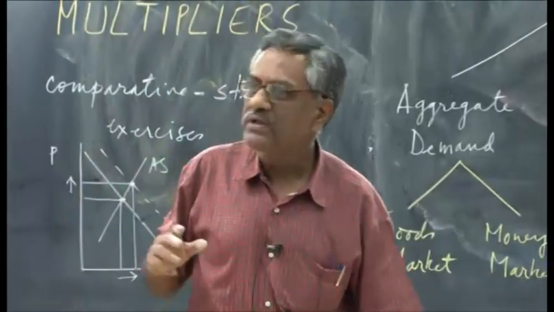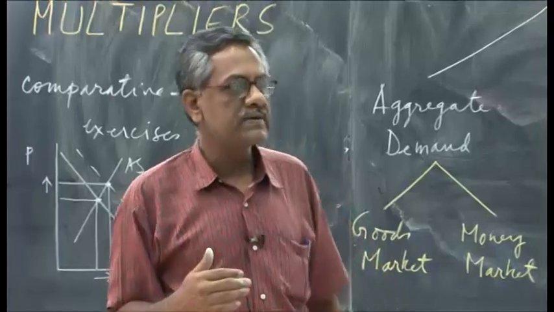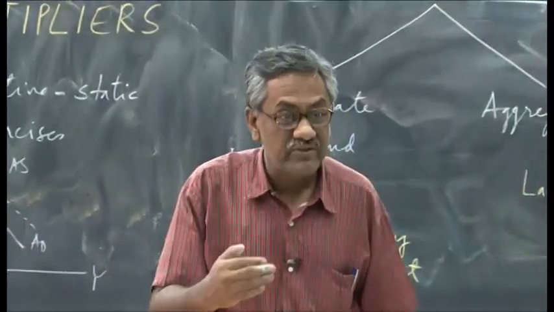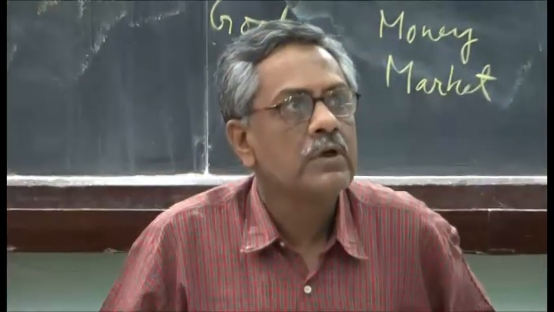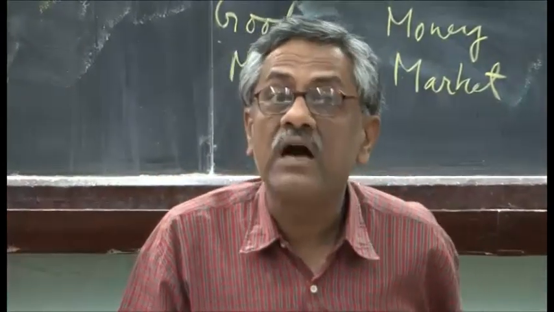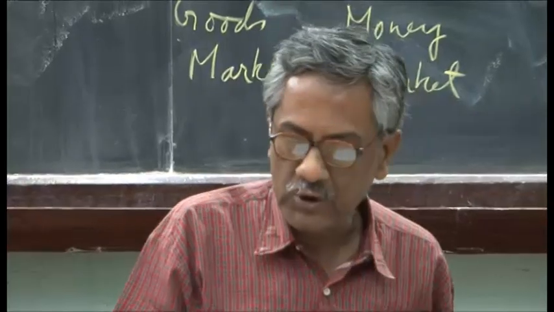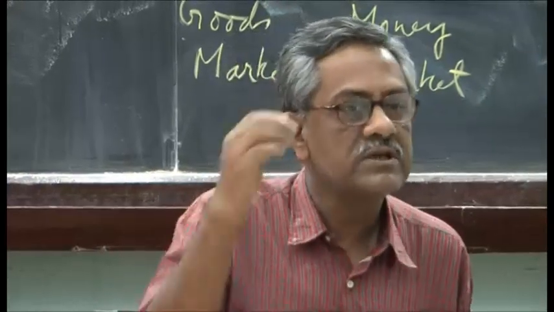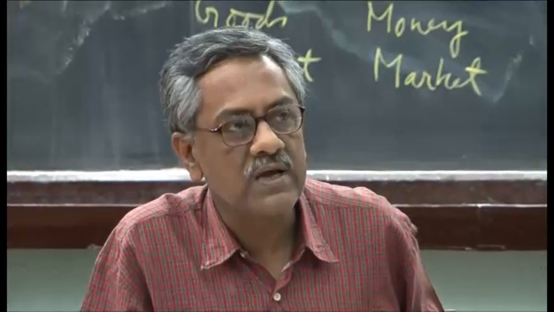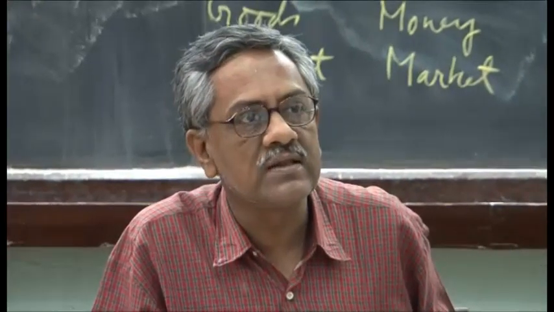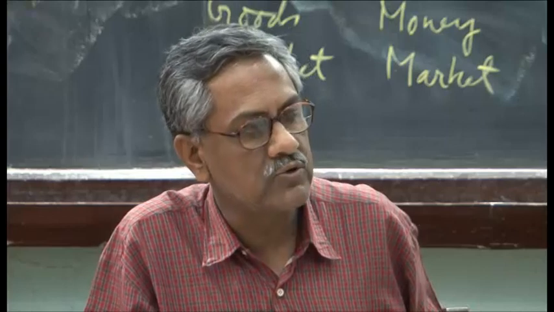And not only that, this comparative static exercise method would also allow us to study the implications of various government policies. And the two kinds of policies that we would continuously talk about in this course are known as the fiscal policy and the monetary policy. I will explain them to you.